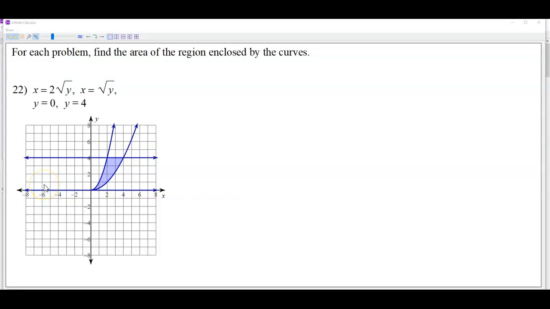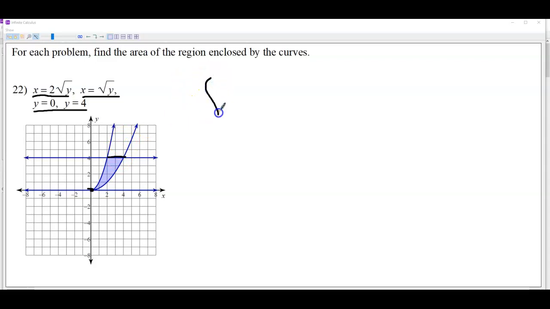All right, number 22. Find the area of the region enclosed by these curves. Okay. Now you'll notice that these equations are written in terms of y, and they're giving me my integral limits from y equals 0 to y equals 4. So they want this to be an integration with respect to y.